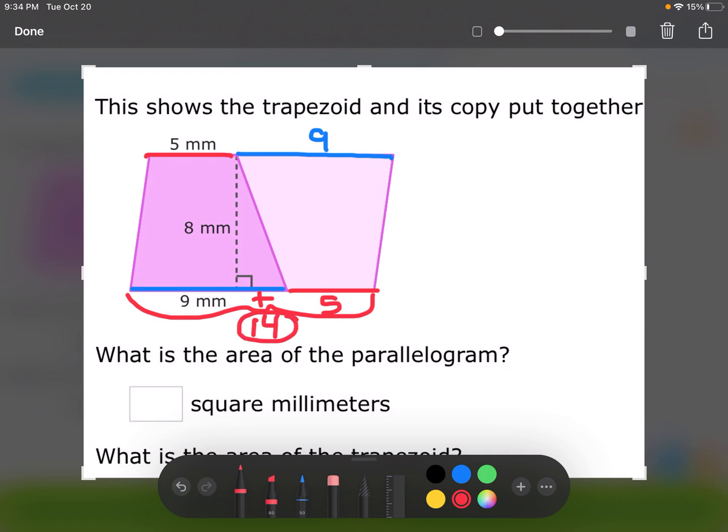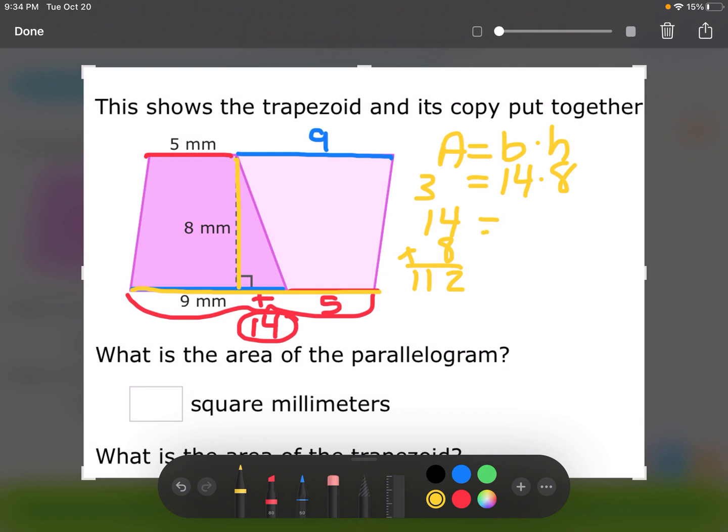So the base of your parallelogram, this whole base, is 14, and the height is 8. So to find the area of a parallelogram, we do base times height, which in this situation will be 14 times 8. So if I do my multiplication off on the side, you get 112, just like we did with the last problem. Okay, so the area of the parallelogram is 112.